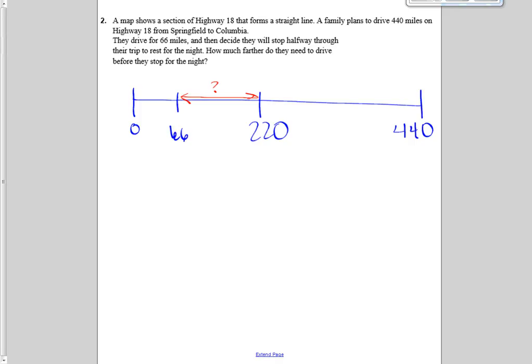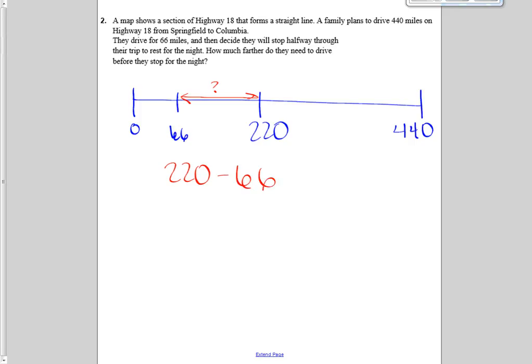How do I figure out this distance? 220 minus 66.